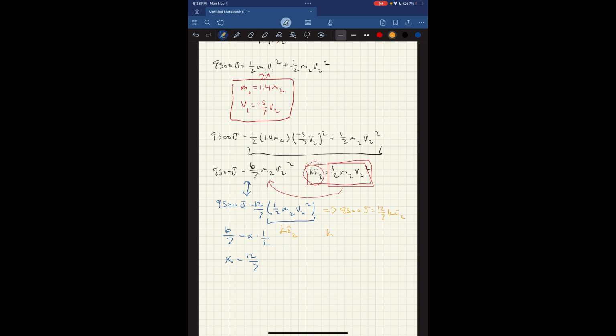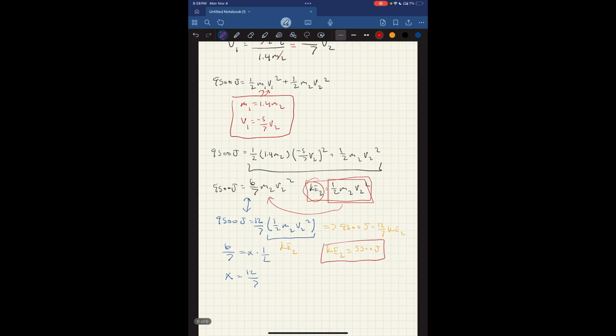Solving for the kinetic energy of 2, we get approximately 5,500 joules. That will be the kinetic energy of the lighter mass.